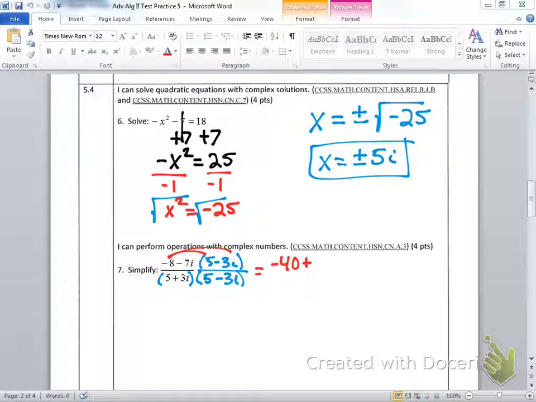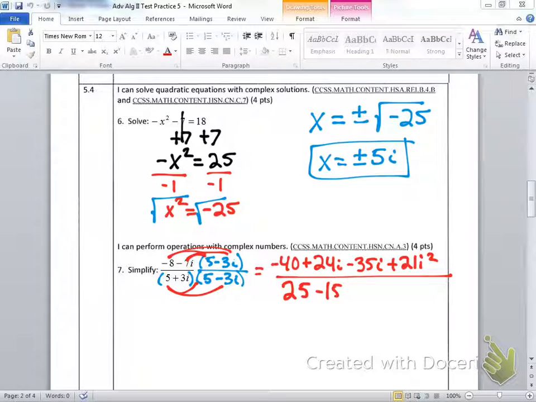So what do you get? 24i minus 35i plus 21i squared. All right, on the bottom you get 25. And then here's the magic, 15i minus 15i minus 9i squared.